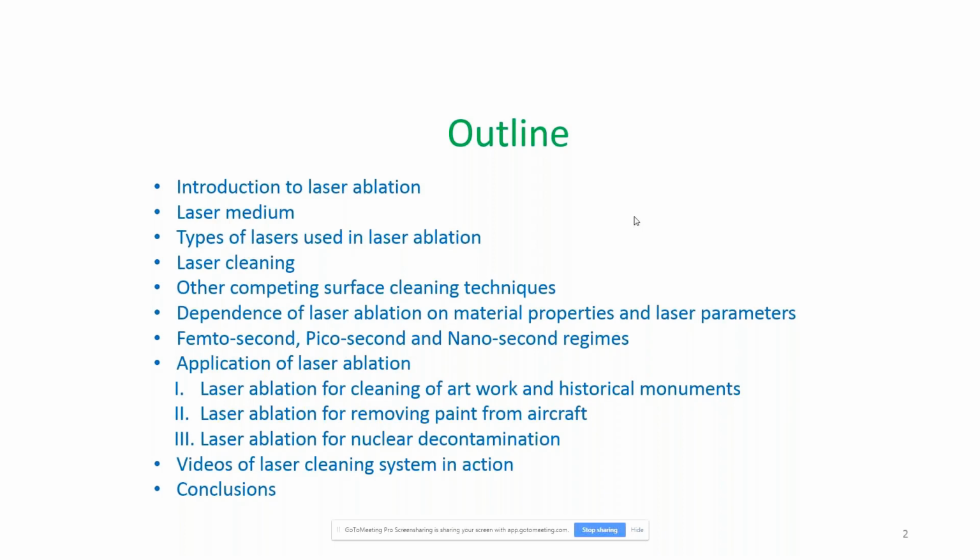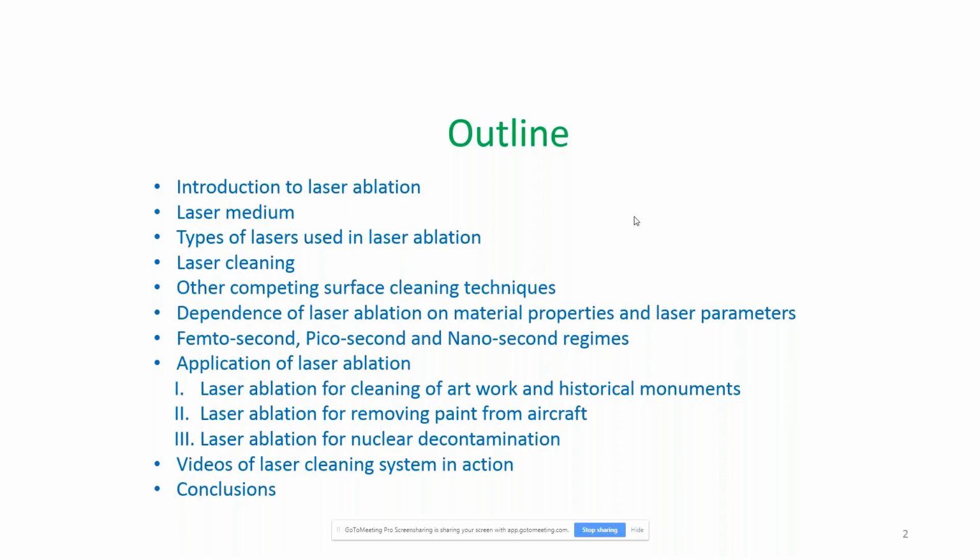Then we would go a little bit into the physics of the laser ablation and its dependence on material properties and laser parameters, and how we can choose a proper laser for a proper material. There's some physics involved there. And then we would compare different pulse width lasers, the femtosecond, picosecond, and nanosecond regime.